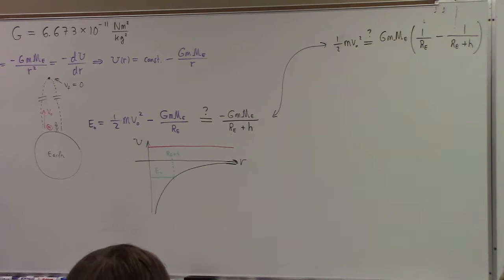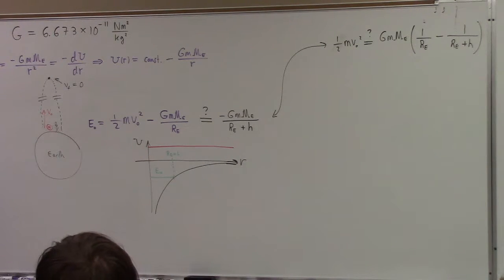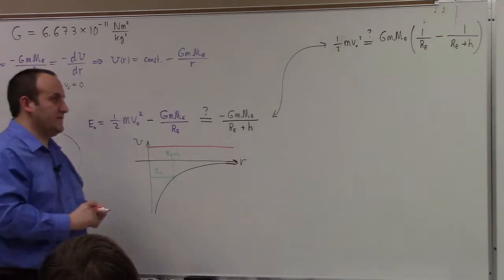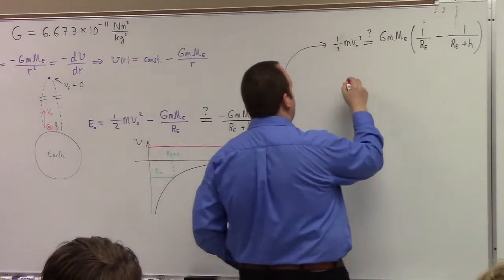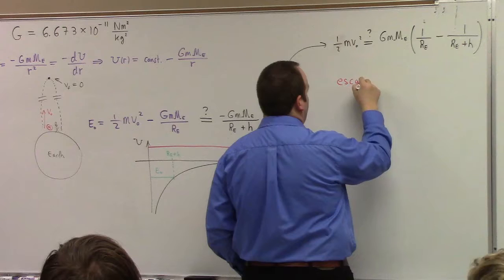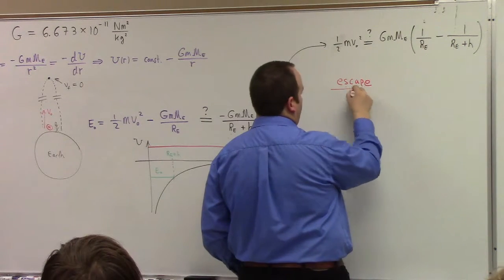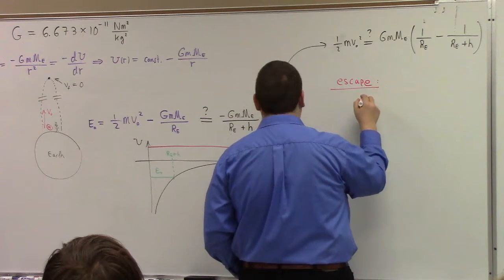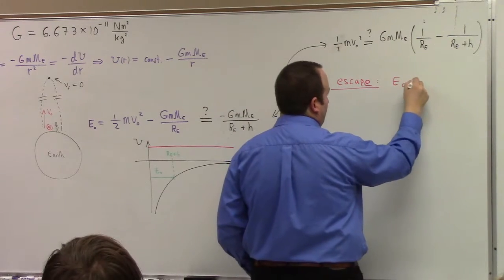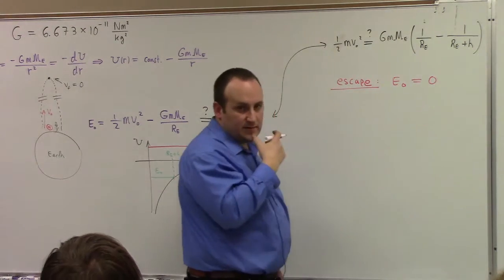Let's see here. What is the energy at which it just barely escapes, if you throw it straight up like this? Well, what's the escape? It would be when E naught is equal to 0, right? That's just on the cusp of things here.